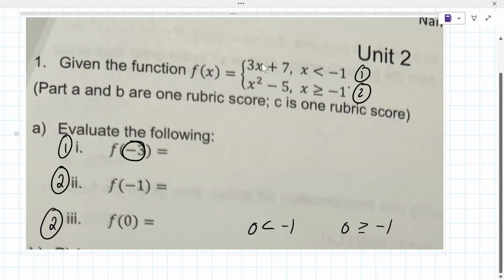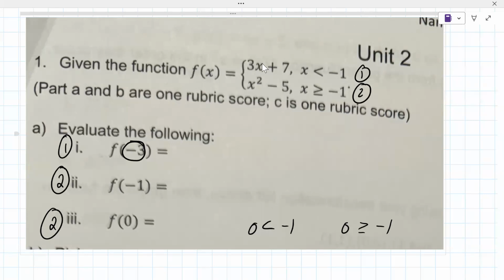Okay, 3 times -3 is going to be -9. -9 plus 7 is 2. It's not 2. Try again, and you're allowed to use a calculator.